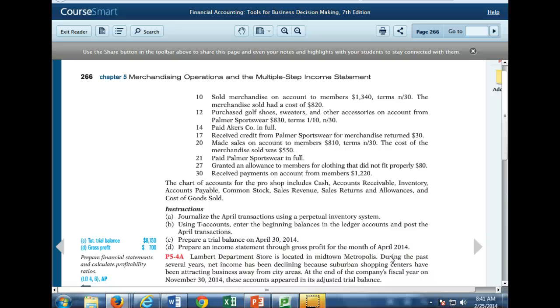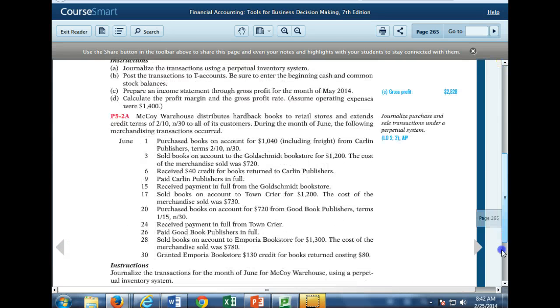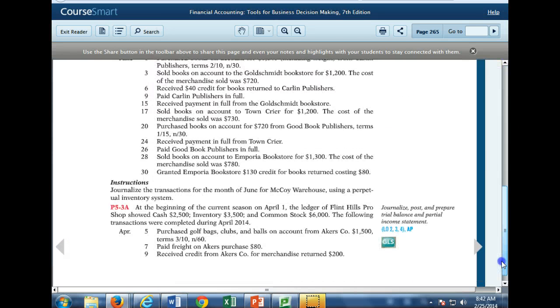Next one. Paid Acres Company in full. How much did we owe Acres Company? We owed them $1,500. But then how much did we return in merchandise? See how we returned merchandise of $200?